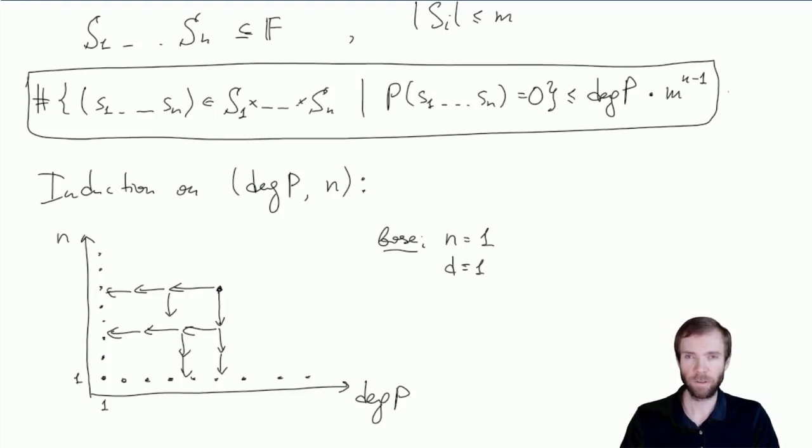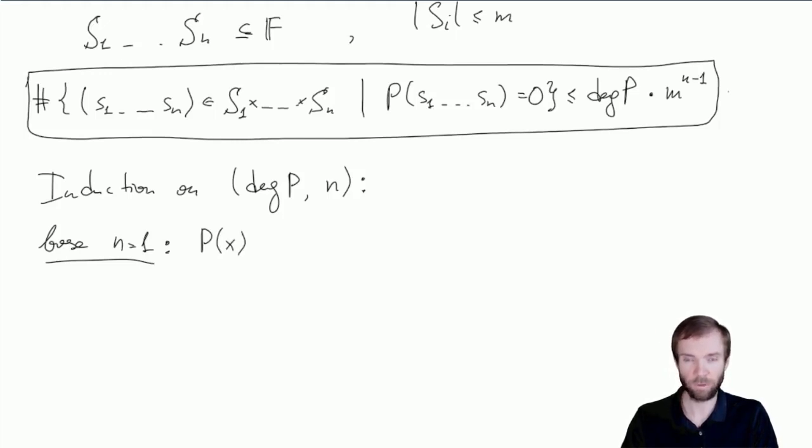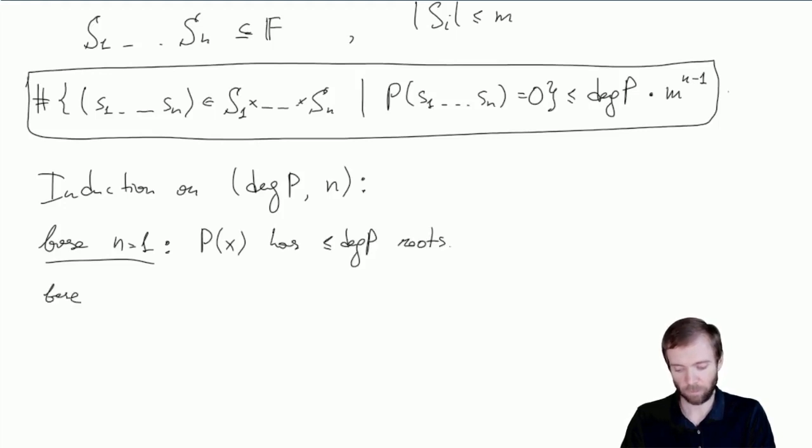So let's now prove the induction base. The base case, when n is equal to 1, is just a standard theorem of algebra. That is, a polynomial of a single variable has no more roots than the degree of this polynomial. Now, the second type of base case is when the degree of the polynomial is equal to 1.